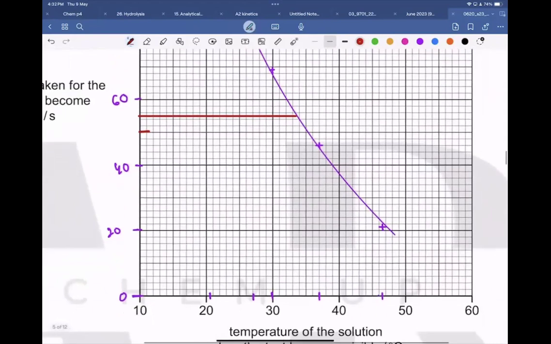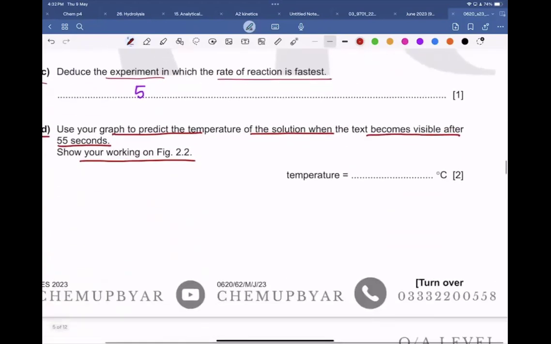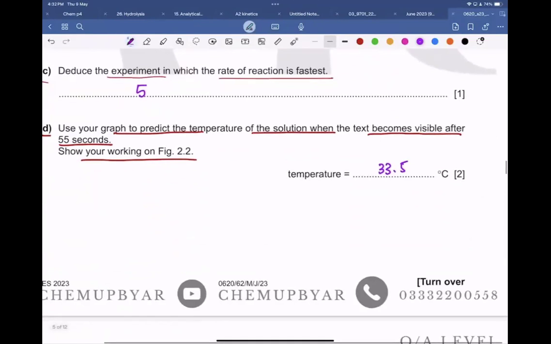So on 55, I'm going to drop a straight line over here. So if you see, it's 33.5. So the temperature would be 33.5. Is this understandable? Yes, very good, Amal.